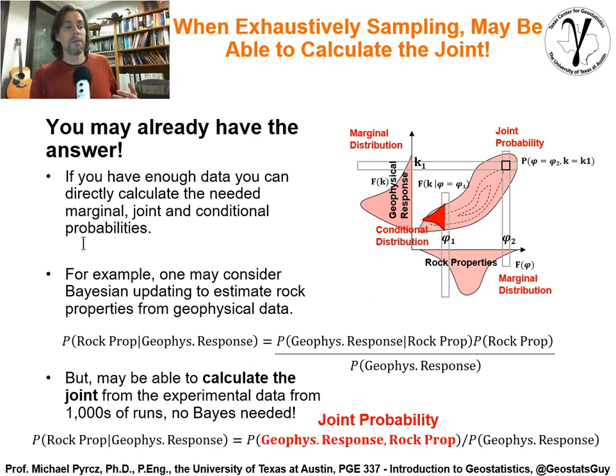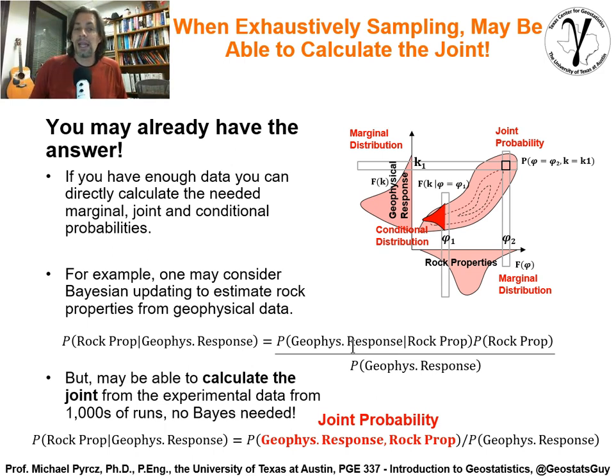Consider this example: we may be concerned about the probability of a certain rock property given a geophysical response. Well, you could use a Bayesian formulation to get at that. What we're effectively doing is avoiding the use of a joint probability because it's hard to calculate from data.